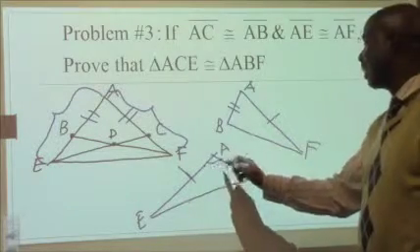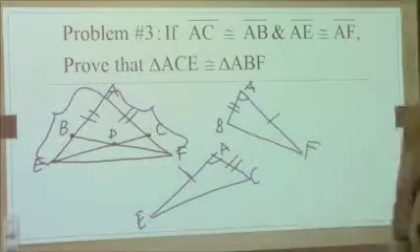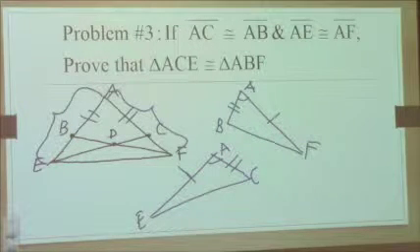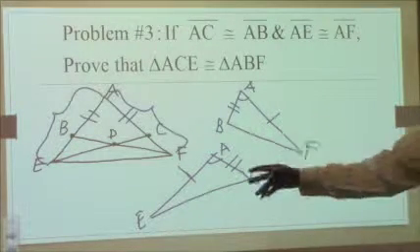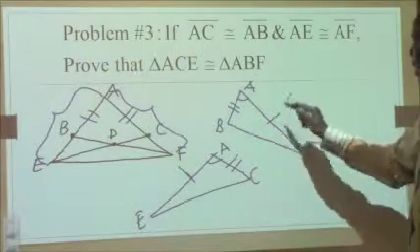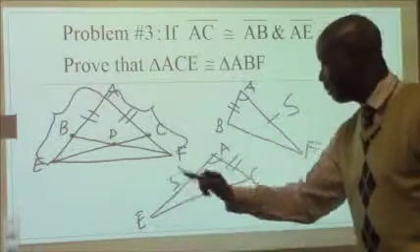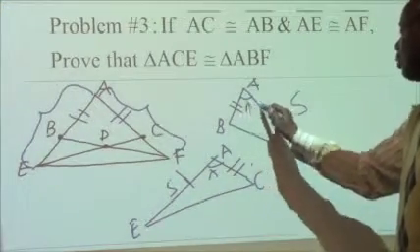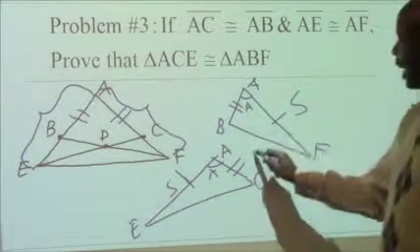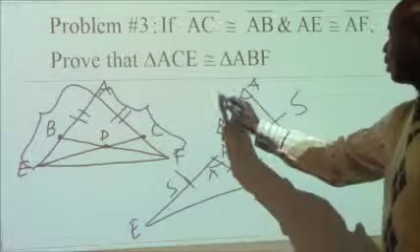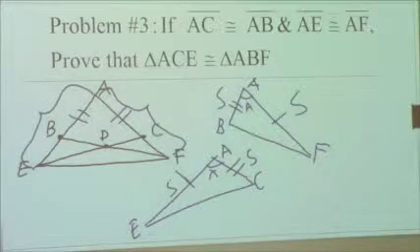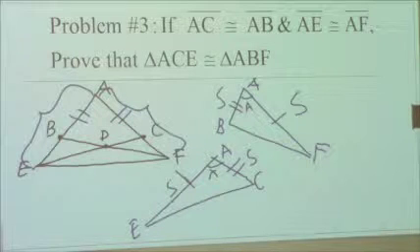This is angle A here, and the same angle A. So angle A is congruent to itself. So I can show that these two triangles are congruent because there's a side here that is congruent to a side here, an angle up here that is congruent to an angle over here, and then a side over here that is congruent to a side here. So I can prove that these two triangles are congruent by side, angle, side.